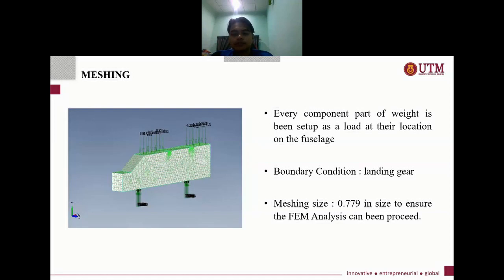So this fuselage has been set with 0.779 in size to ensure this analysis can proceed to the next step, because meshing is the first step to begin the structural analysis.